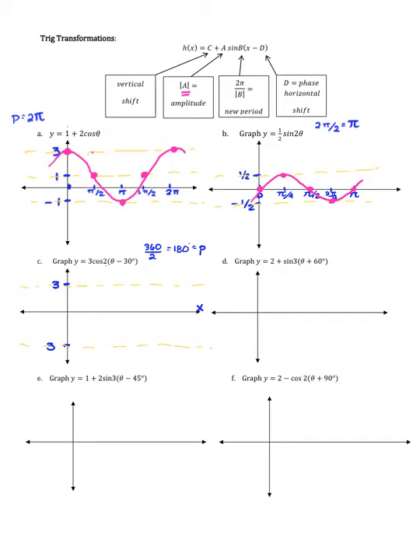Where am I going to start that cycle? I'm going to start it at 30 degrees. So that means 180 degrees later puts me at 210 because that's a distance of 180. All right, halfway between those, add those, that's 240 divided by 2, which is 120. Half of that is 150.